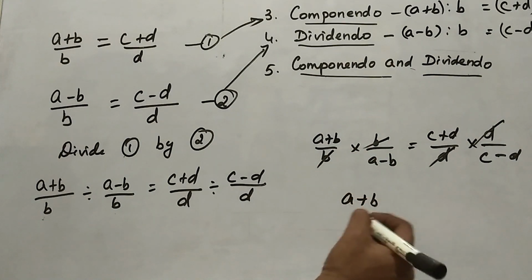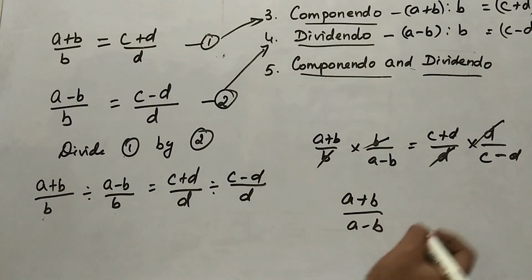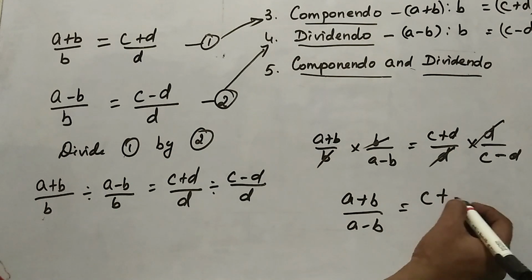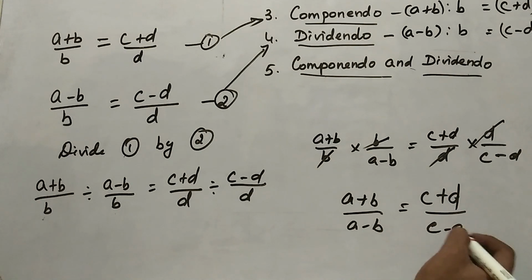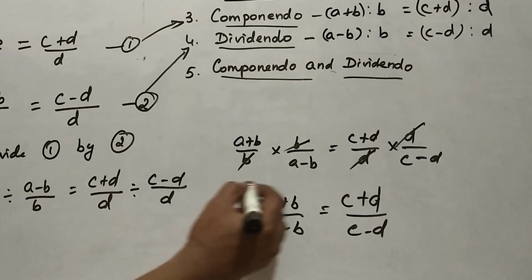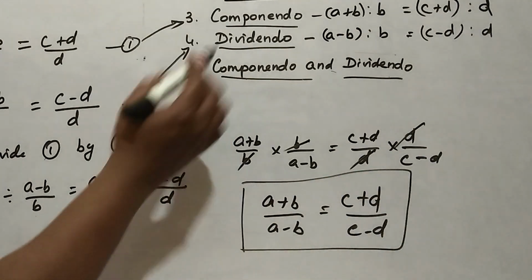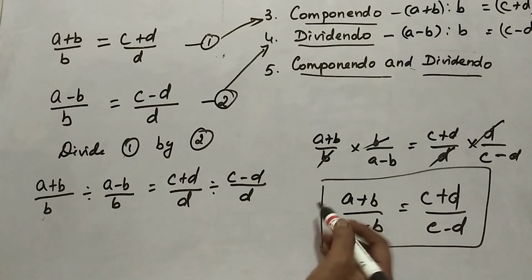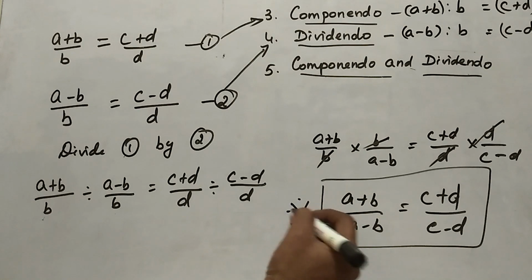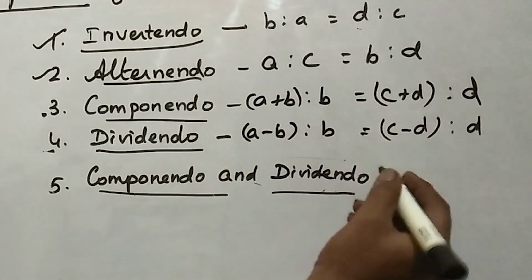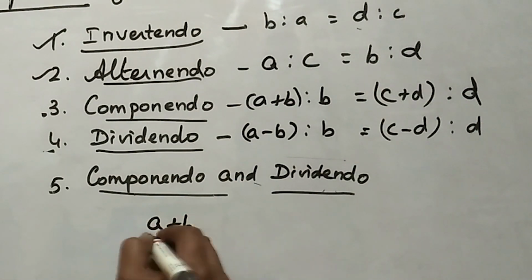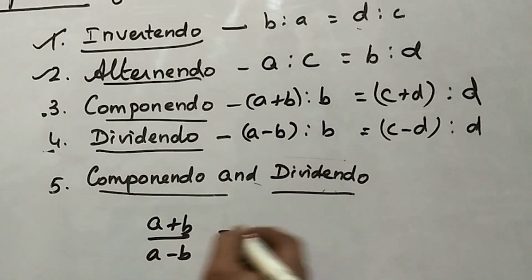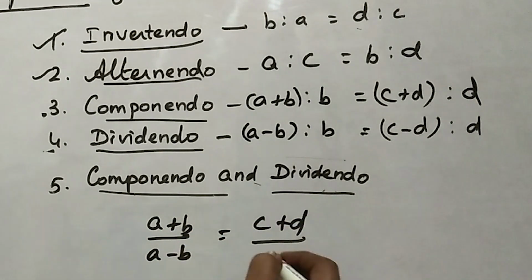Therefore, A plus B upon A minus B is equal to C plus D upon C minus D. This is the componendo and dividendo. This property is very, very important. So, componendo dividendo: A plus B upon A minus B is equal to C plus D upon C minus D.